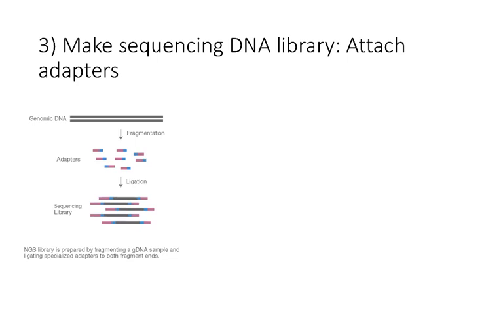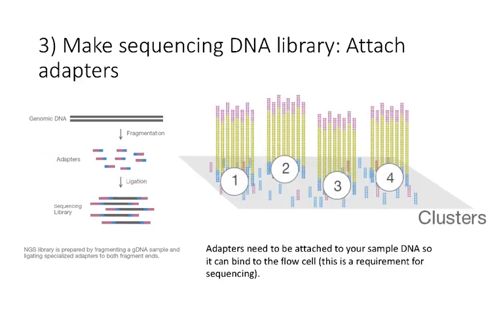Another thing you want to do when you make your sequencing library is attach something called adapters. In this image here on the left, we have our genomic DNA that's been fragmented. Remember, we talked about that. And then we have these adapters that we're attaching to those fragments of DNA, and that's shown here at the bottom. The reason why we attach these adapters is to allow our DNA samples to actually bind to something called the flow cell. I'll show a picture in a couple of slides of the actual DNA sequencing machine.